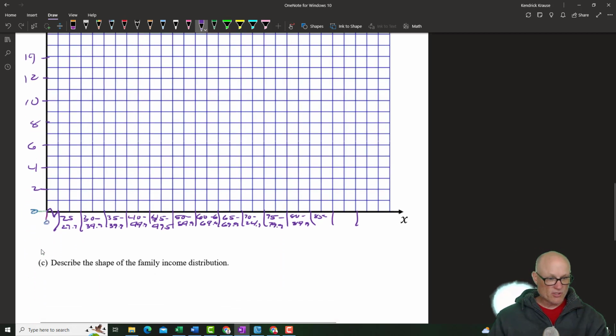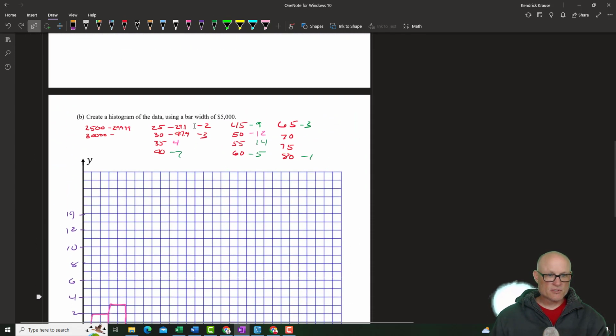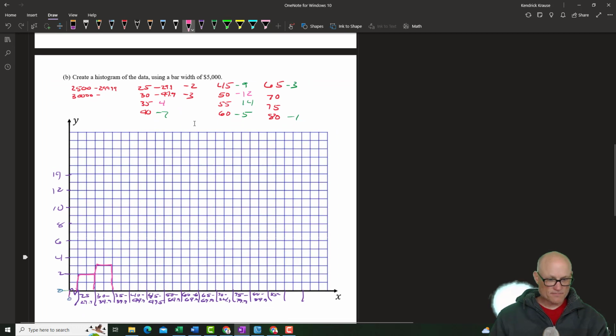First one is 2. Some of these will go okay. Definitely missed that. And then 3. Definitely should not be using this color. And then 4. And then 7.